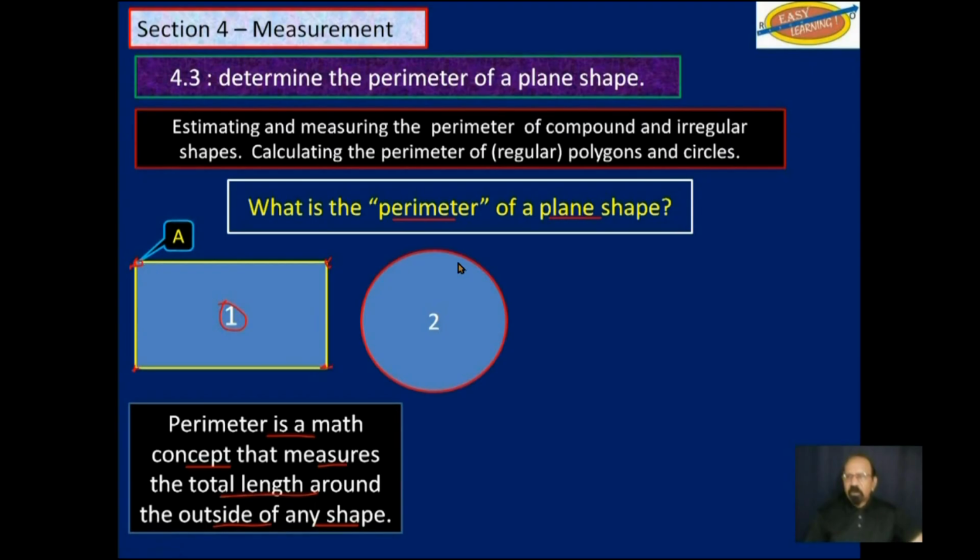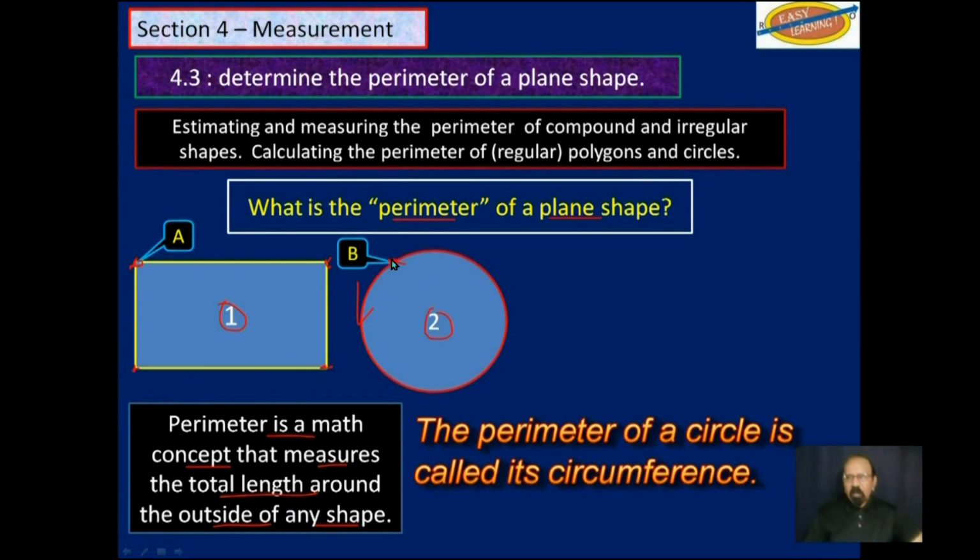If you take a circle like this, figure 2, if you begin at any point here and go in a clockwise or an anti-clockwise direction, keeping on the edge of the circle, you go all the way around and come back to this point. That is the perimeter of that shape.